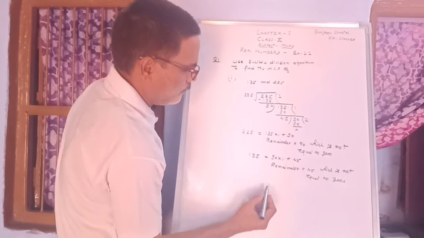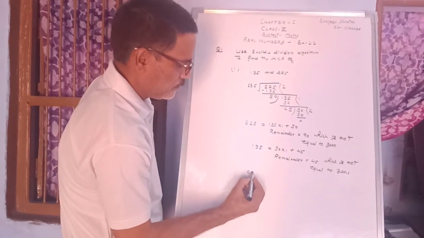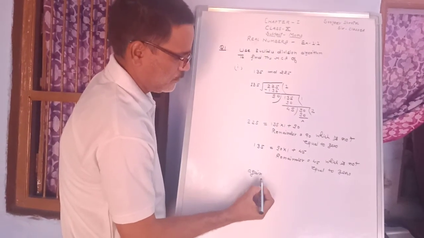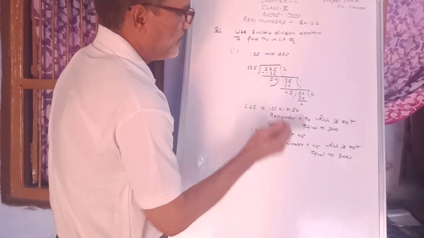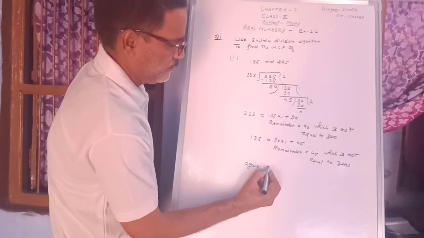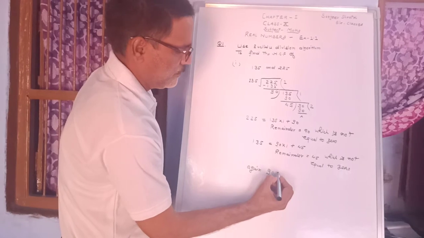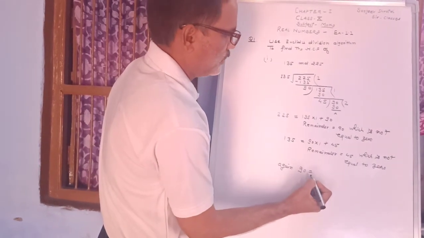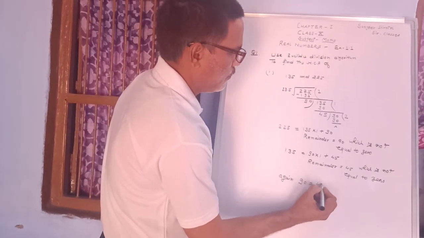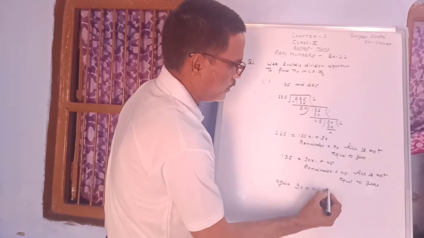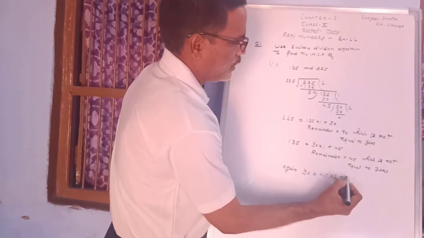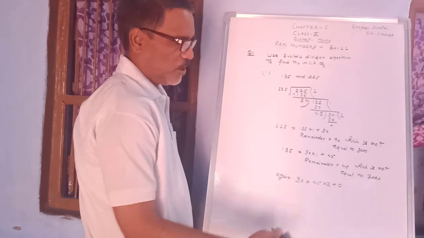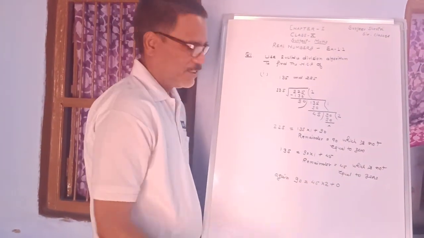So again dividend is 90, divisor is 45, quotient 2 plus remainder 0. Now you see the remainder is 0.